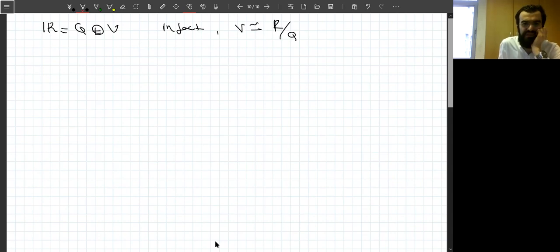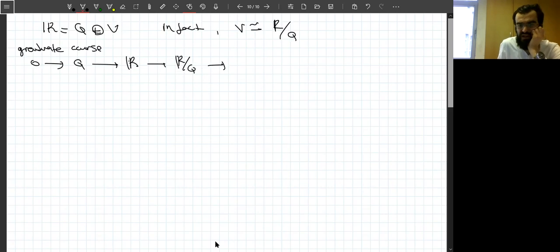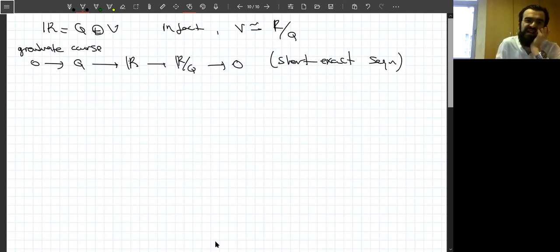But how? We have a graduate course, maybe you have seen it, I don't know, on real numbers R over Q. As far as I remember, any short exact sequence of vector spaces is split. We have defined R as Q plus V, but let me make this V precise. It's not so important.